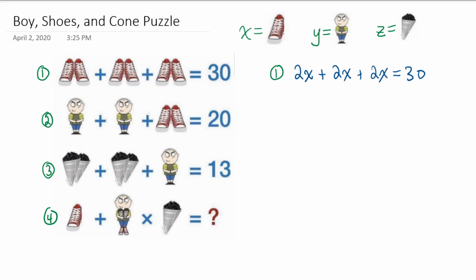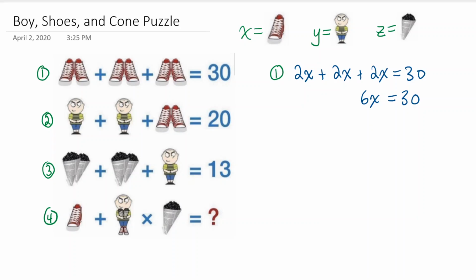Let's solve this equation because it's going to help us in the next one. 2x plus 2x plus 2x is going to be 6x. We can do that because each of these terms has an x in it, so we can simply go 2 plus 2 plus 2 is 6.